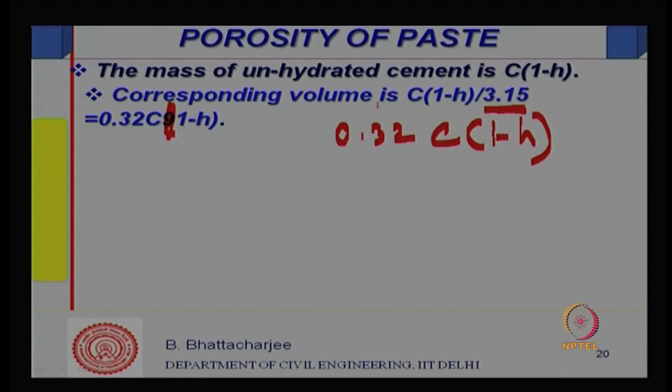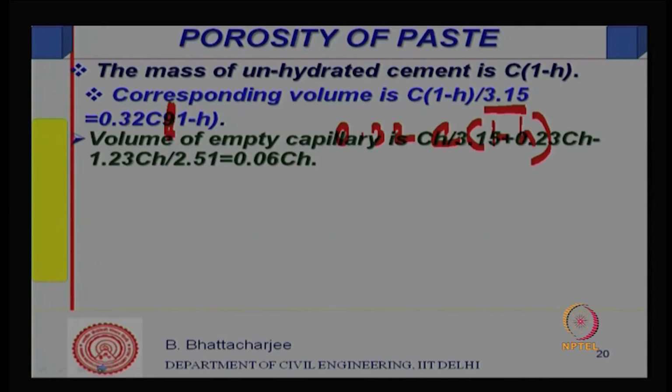That would be the volume of unhydrated cement, and the volume of empty capillaries will be 0.06 CH, like we have done earlier.